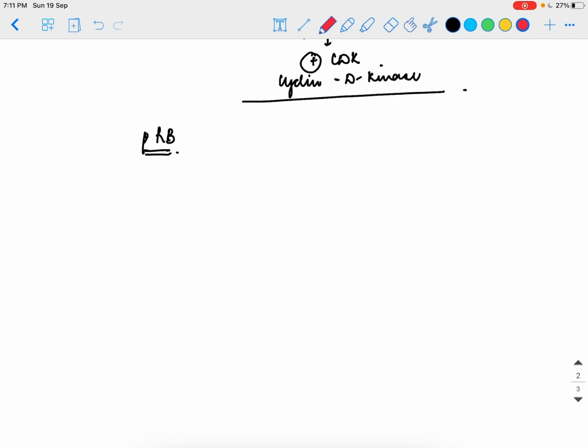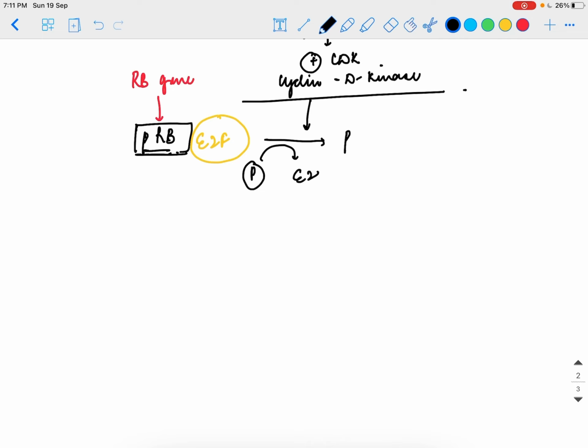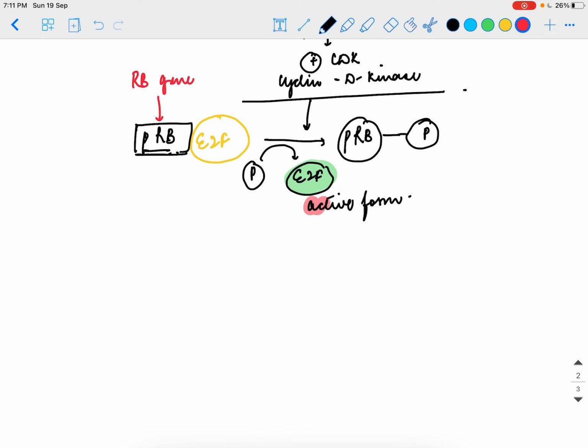We have the retinoblastoma protein, which is made by the retinoblastoma gene. Normally it is attached to the E2F factor, but cyclin D kinase causes phosphorylation of the retinoblastoma protein. So now the factor is free, and when it is free, it is in the active form.